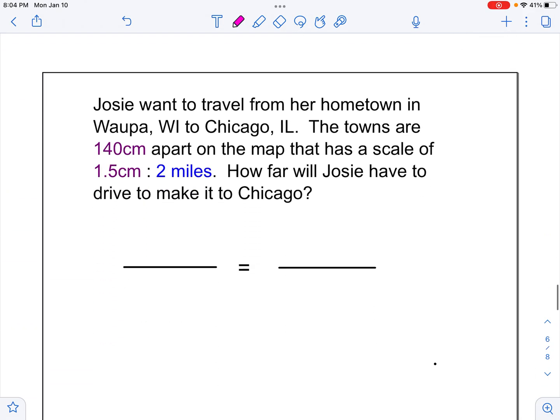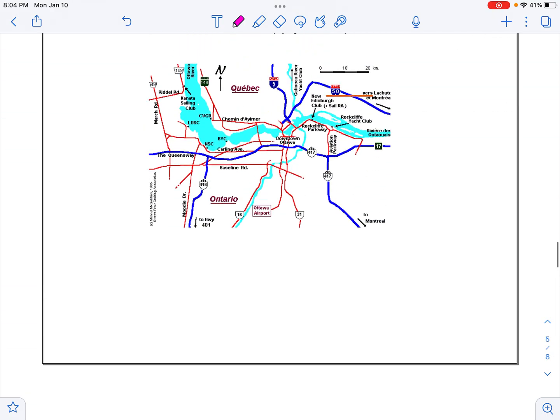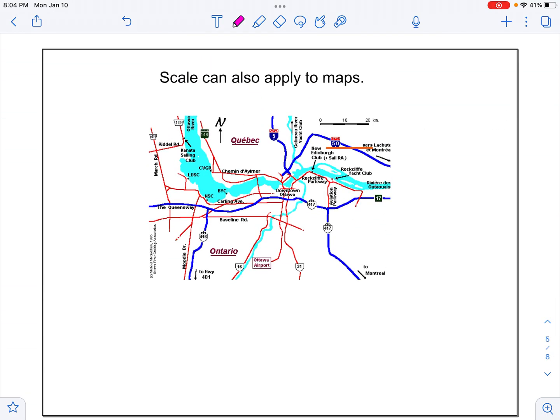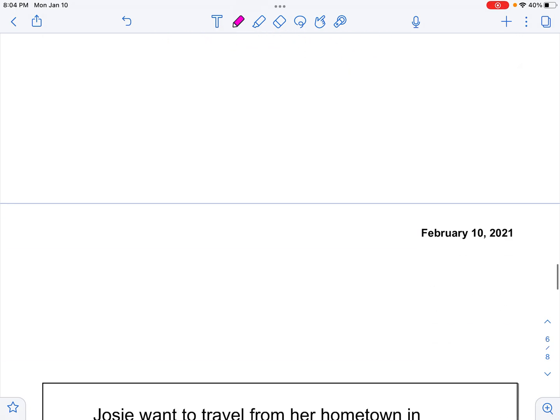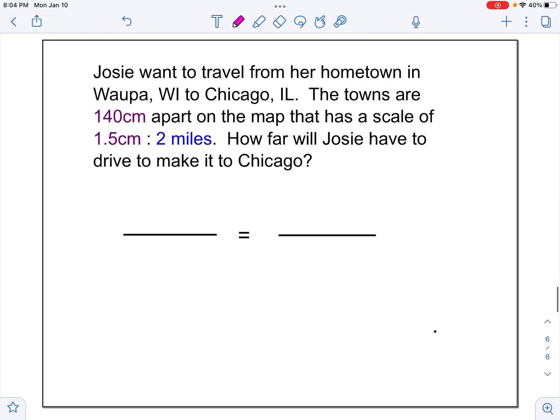And so what they do is they give you a scale. Like right here, this is 20 miles. And so you could apply that to all the other roads, like this is 20 miles, here's another 20 miles, that kind of thing. So let's just take a look.